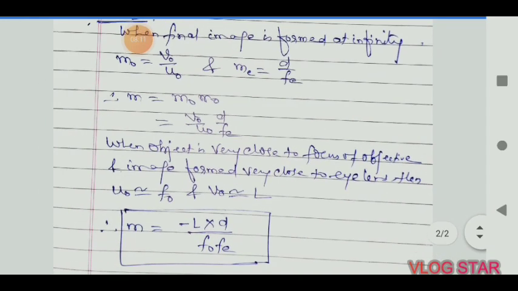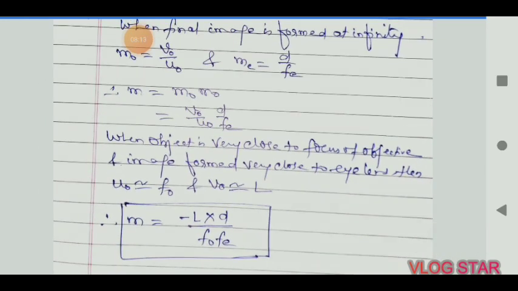We can also write, when the object is very close to the focus of the objective and the image forms very close to the eye lens, then U_0 is equal to F_0 and V_0 is equal to L, the distance between these two lenses. So that will be written as M is equal to modulus L into D by F_0 F_E.